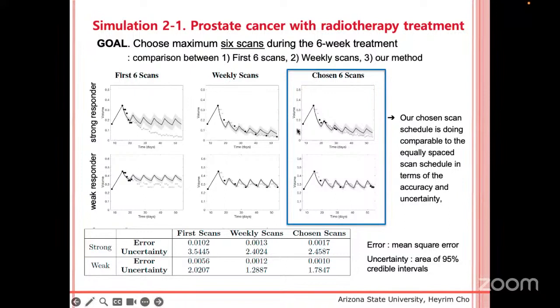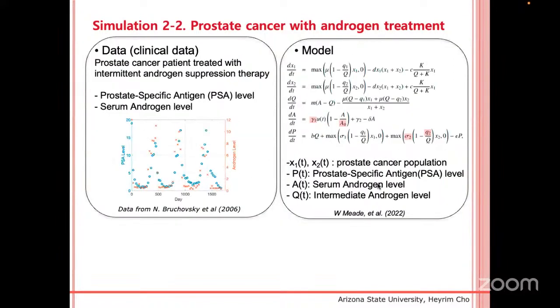In the strong responding patient, we actually end early, so we're getting similar prediction results in the middle of the treatment. And for the less responding patient, we do it with fewer points. Here it's 5 points, which is less than 6, but you see at the end there's a lot of clustering, which you can probably clear out with some post criterion.